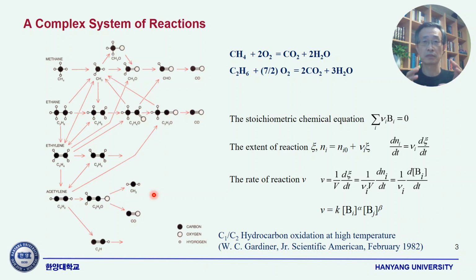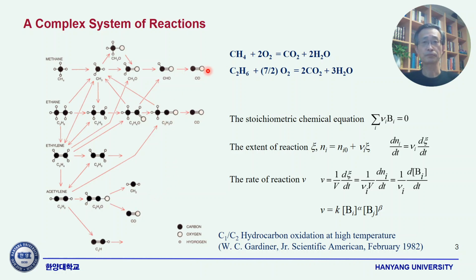But this is a little bit advanced for our graduate students, so they can handle this kind of complex system of reactions. This is basically our topic in the chemical kinetics lecture series.